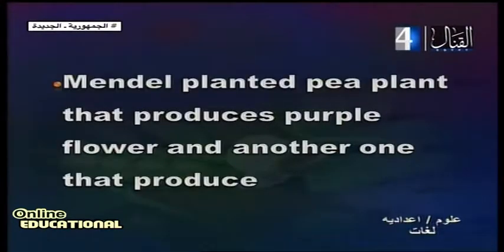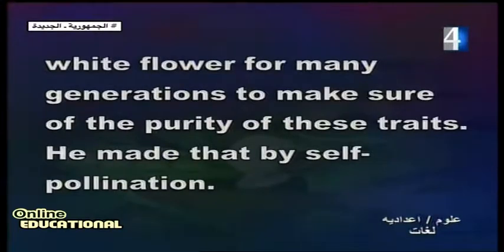Mendel planted pea plants that produce purple flowers and others that produce white flowers for many generations to make sure of the purity of this trait. He did that by self-pollination.